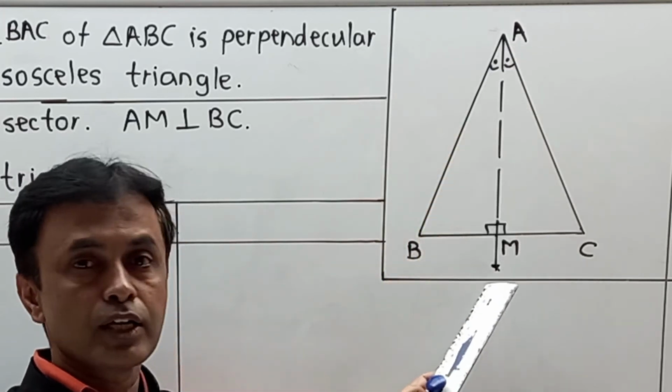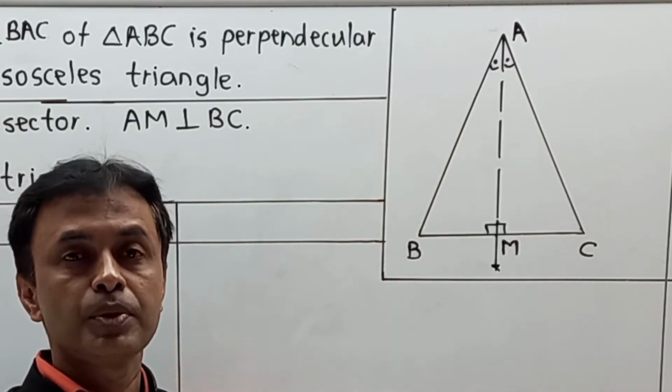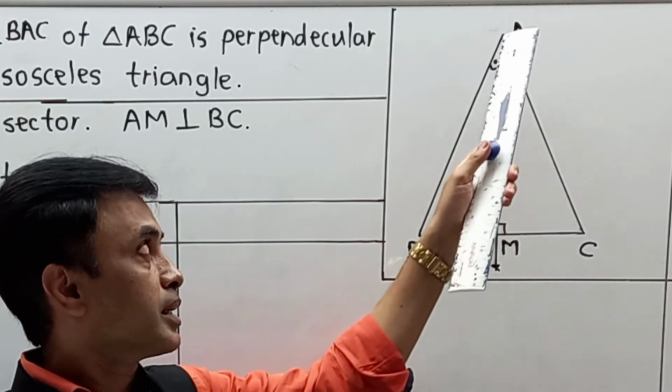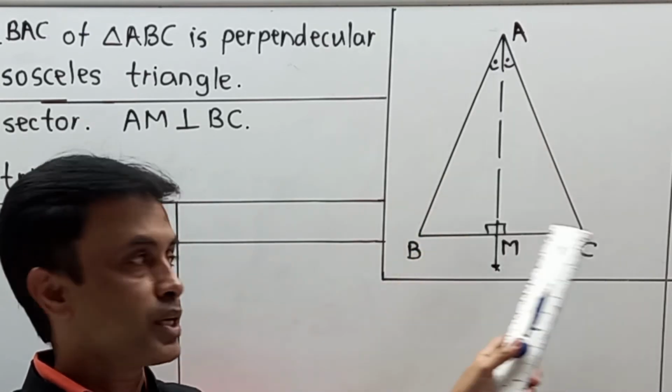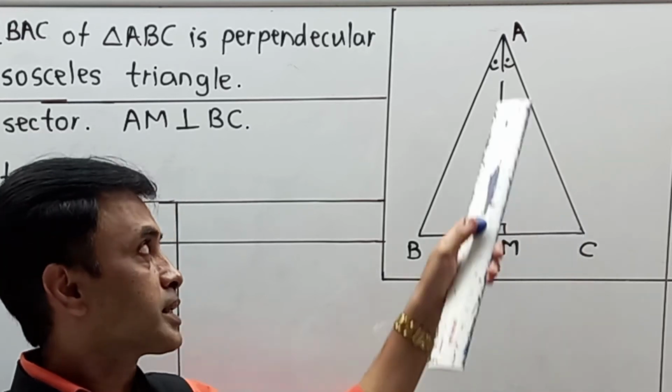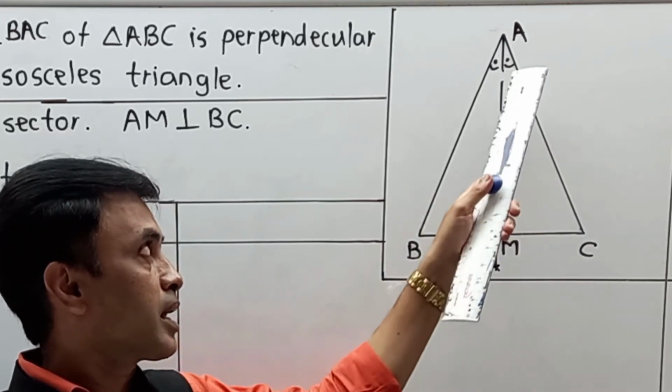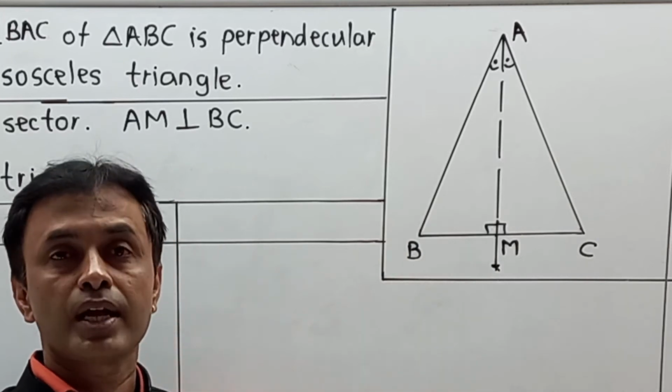You can draw it as continuous or dotted, whichever; it should be clear from your point of view. Third, angle AMB is equal to angle AMC, each 90 degrees. Naturally, by angle side angle, these two triangles are congruent.